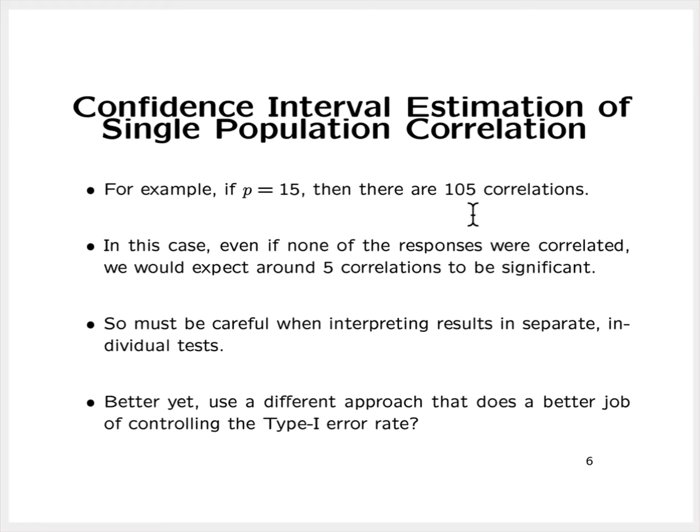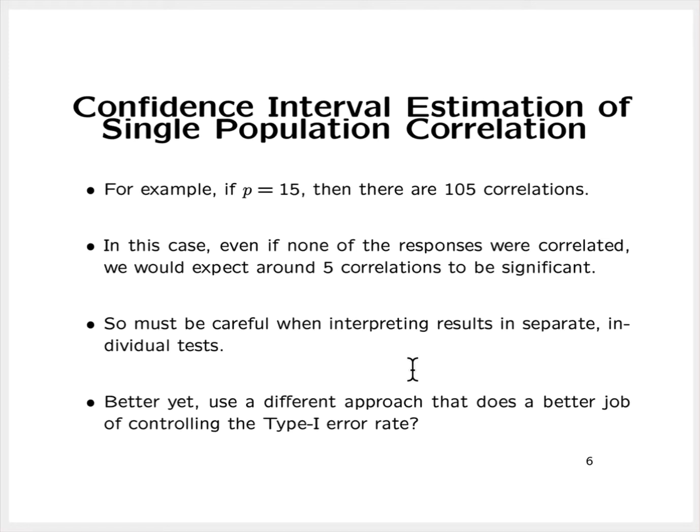So for example, in this case, instead of performing each of the correlation tests at the 5% significance level, do each of the tests at a significance level equal to 0.05 divided by the number of tests. And so that would be about 0.05 divided by 100 approximately.